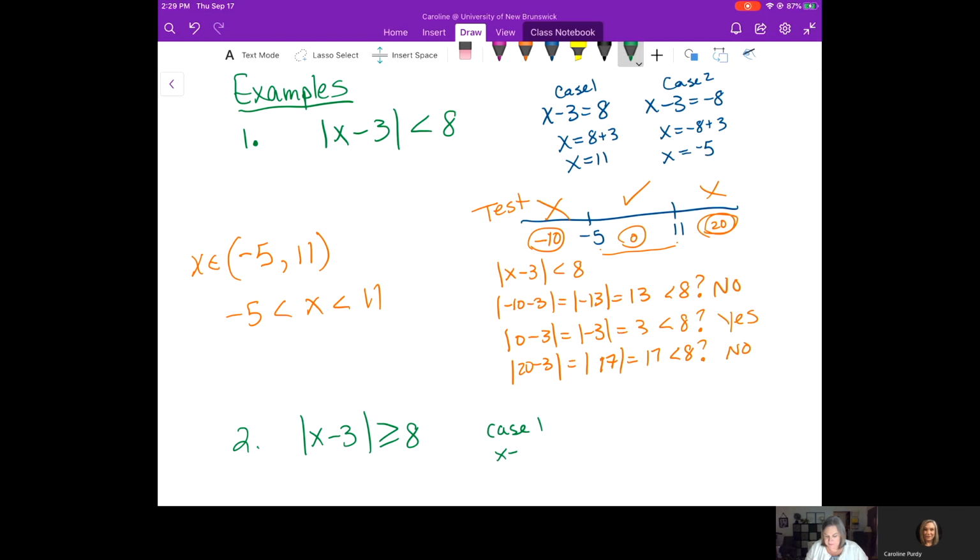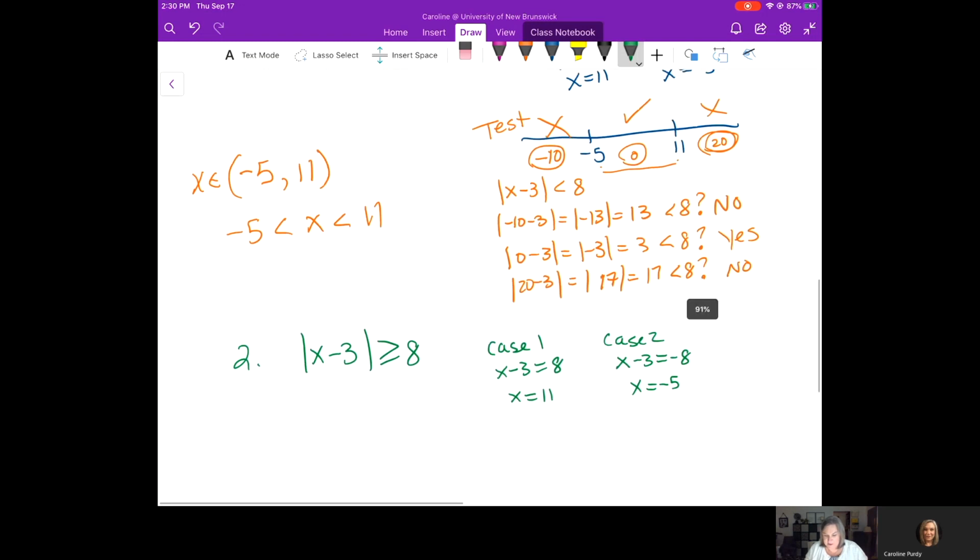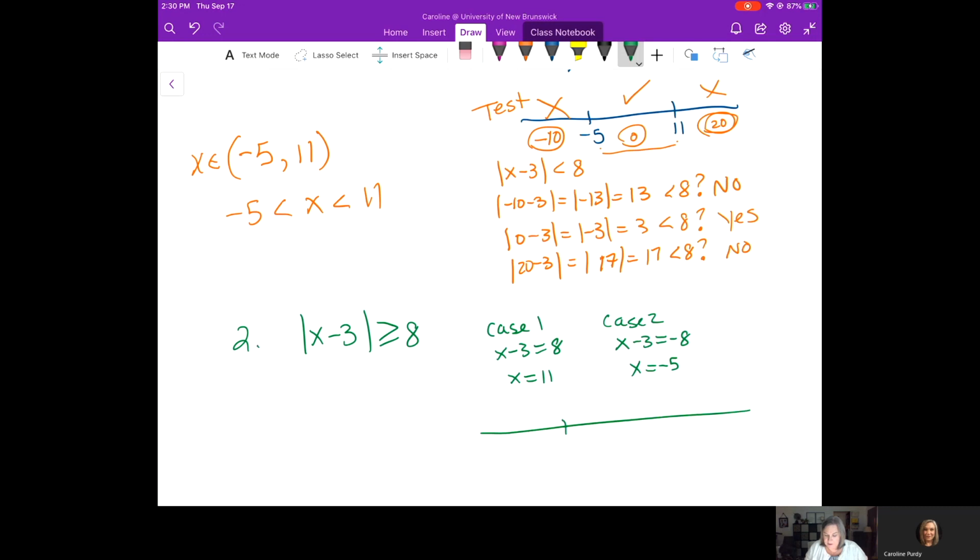I already solved x minus 3 equals 8, and case 2 was x minus 3 is equal to negative 8. I already got the negative 5 and the 11, and I've actually already tested them on the number line. So on the number line, I know which ones are greater than 8 and which ones are less. In the middle, it was less than 8. So now we want greater. So this one won't count, but these two were greater than 8.